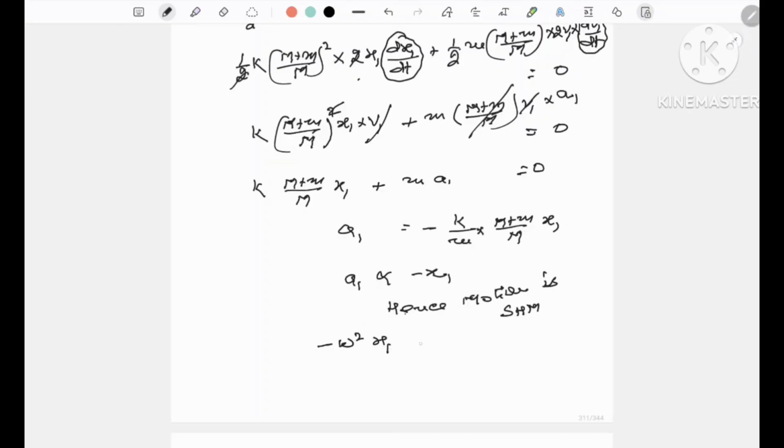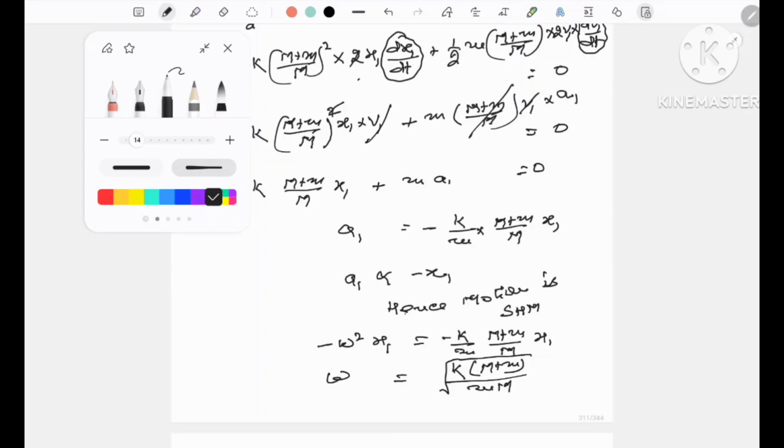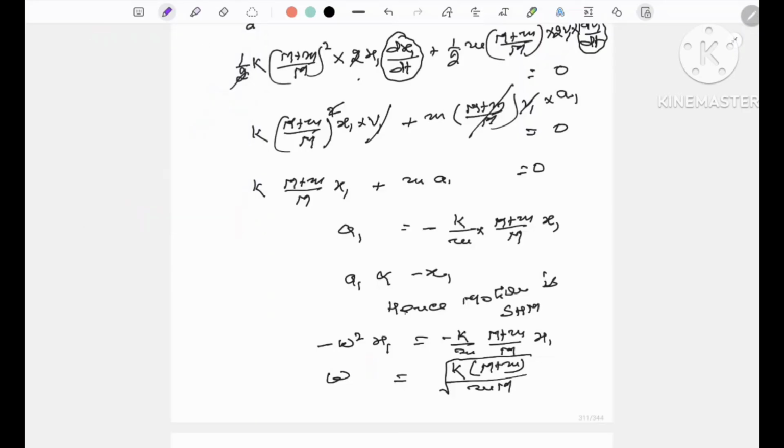Minus omega square x1 is equal to minus k by m times (M plus m by M) x1, or omega will be the square root of k (M plus m) by m M. Hence the time period T1 will be 2 pi root of m M upon k (M plus m), and it can be proved similarly that T1 is equal to T2.